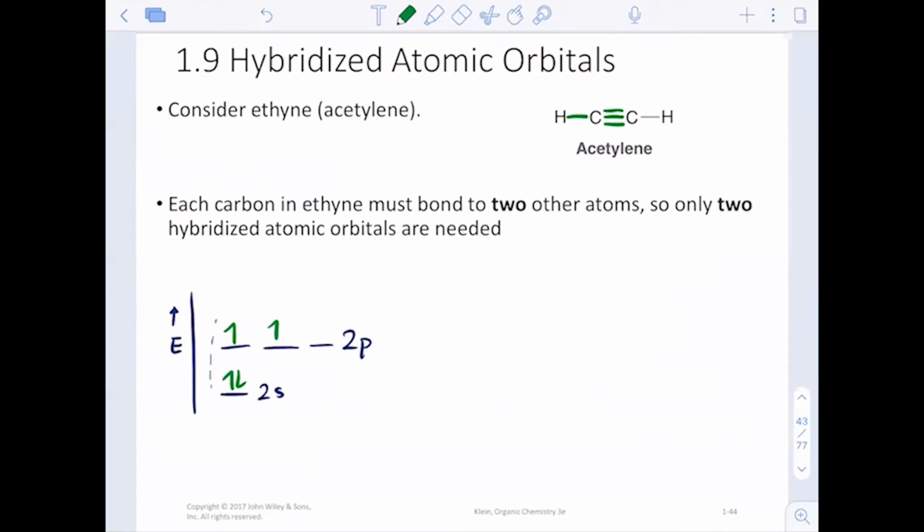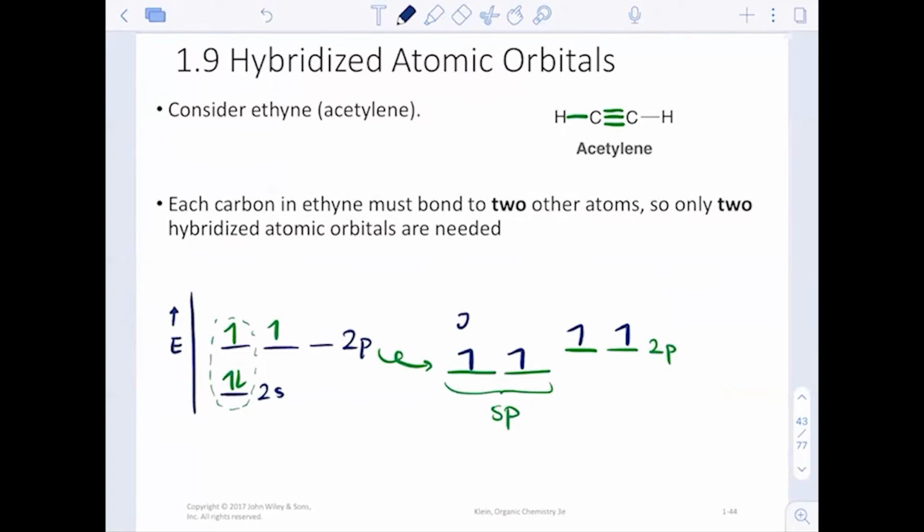We only need to take two atomic orbitals, hybridize them to make two sp hybrid orbitals, and we'll have the leftover two p orbitals as well.